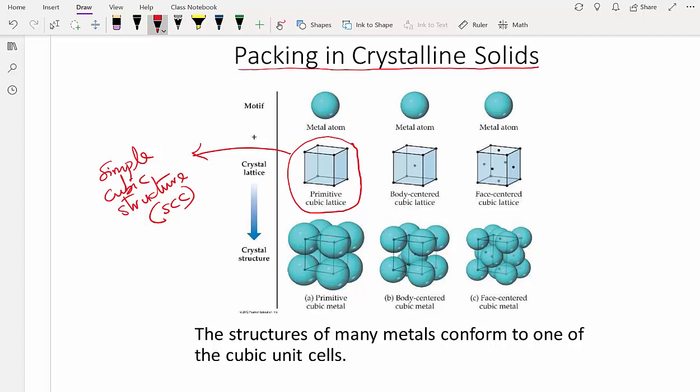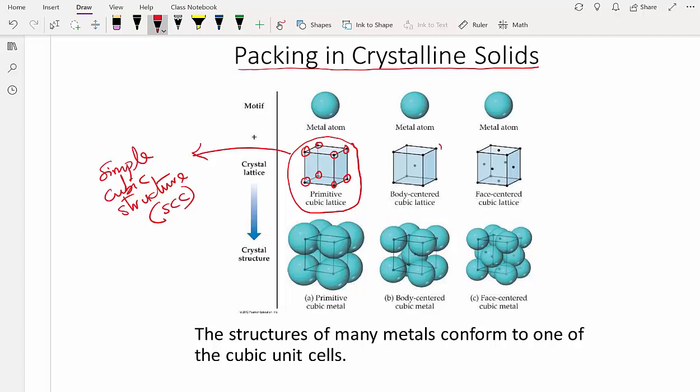The feature of primitive cubic lattice is that the lattice points are at the corners of a cube, all the 8 corners of a cube.